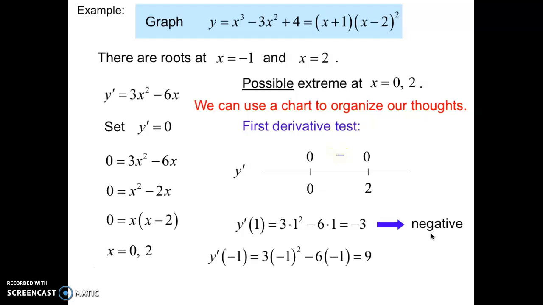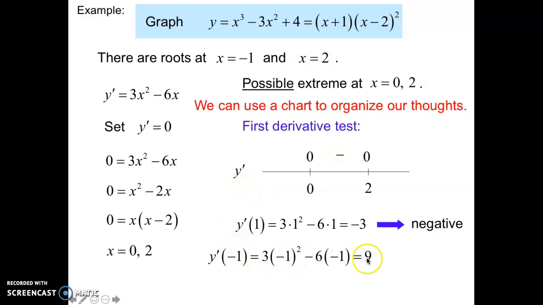Now we pick another point on either side of these critical points. I'm going to pick a point over here at negative 1. So notice the critical points break up the region of the function for values below 0, for values between 0 and 2, and for values greater than 2. So let's look over here. I just picked an easy number, negative 1.